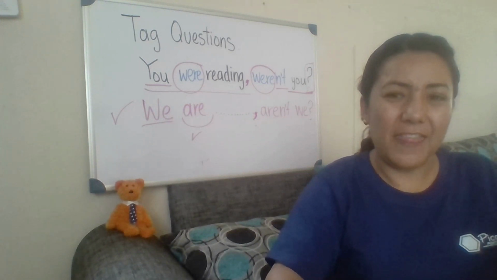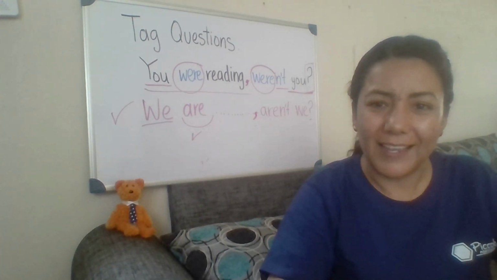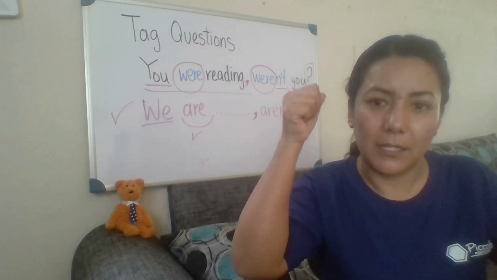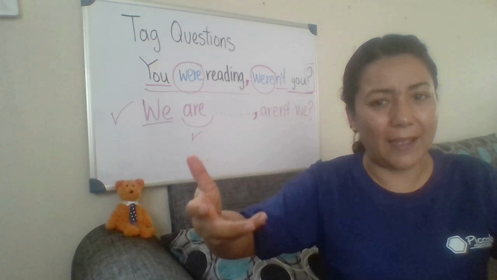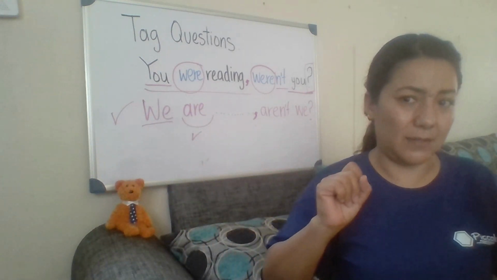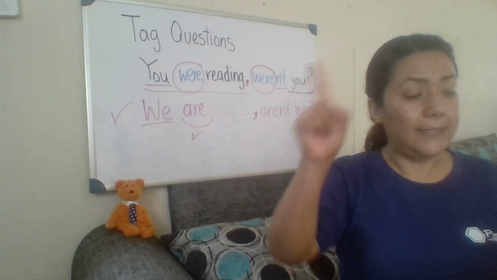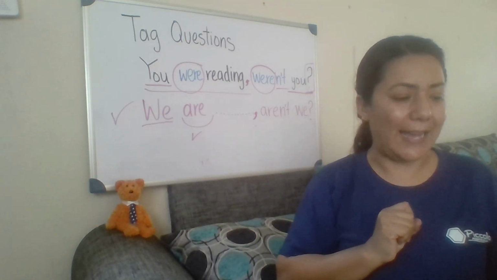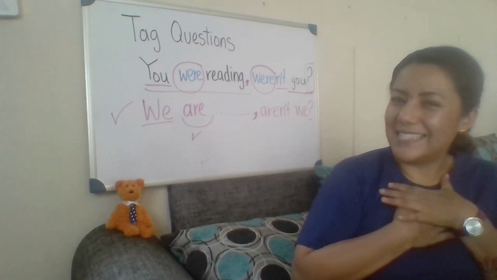Look there. The verb, it's very important. The verb conquered is in past. So you have to do your tag question in past. Okay? Ponce de Leon didn't conquer the Incas. Did he? Are you serious?